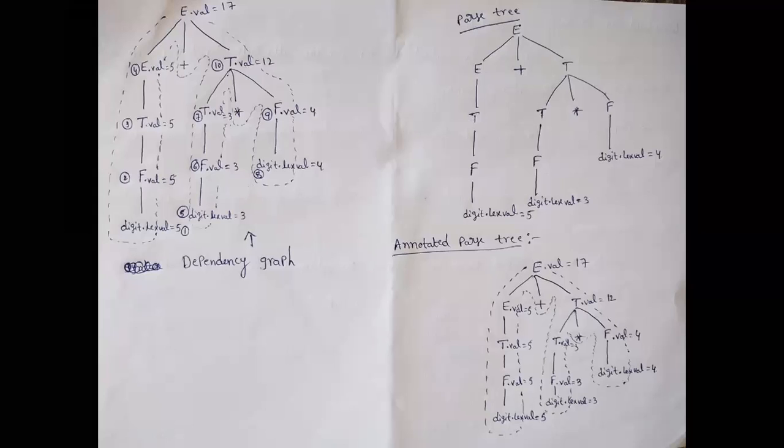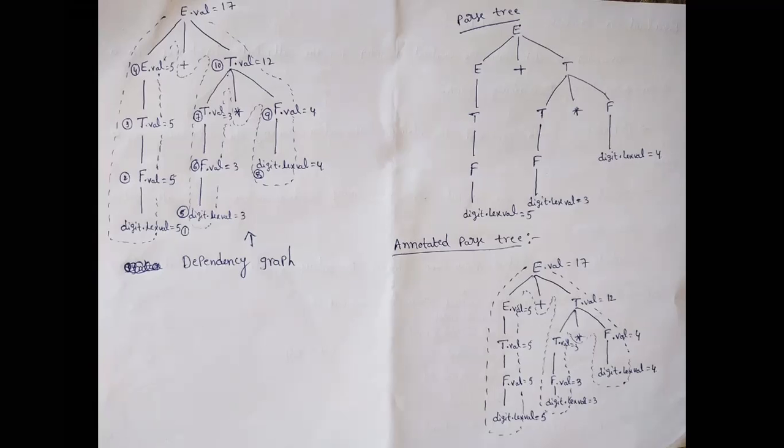We use it to say how a value is obtained. In this annotated parse tree, when the first reduction comes, what is replaced? This one. That's why we specify 1, second, third, fourth, then we move down and 4 is done. Next 5, 6, 7, we move right, then down 8, 9, 10, 11. So this is the dependency graph. That means we are computing the values.